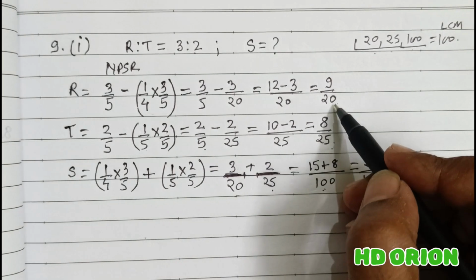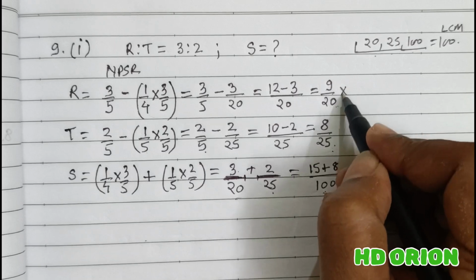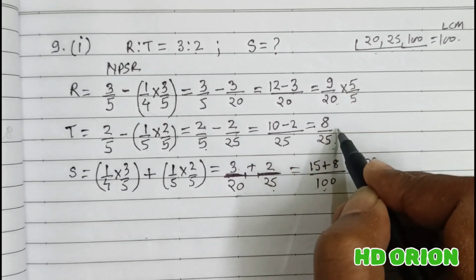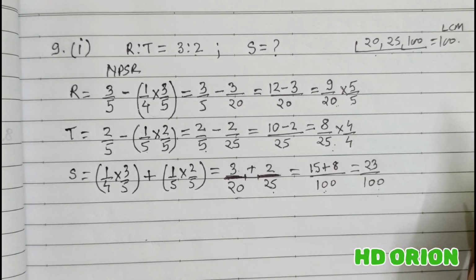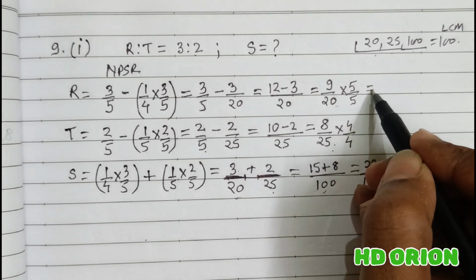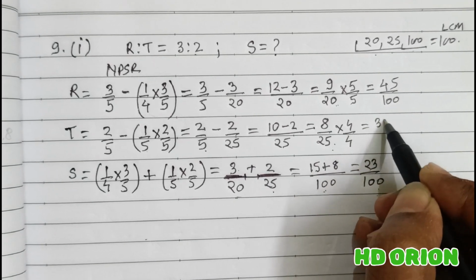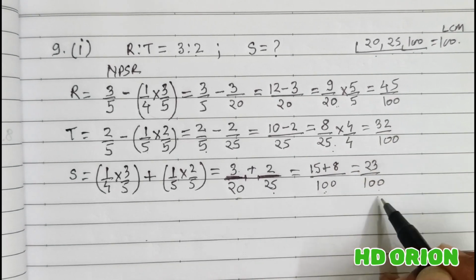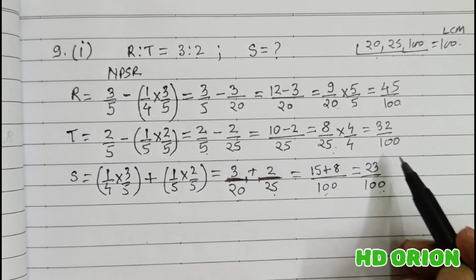Fine. So we have to change the denominator into 100. So multiply and divide with 5 and multiply and divide with 4. Value will not change, but the denominators will change. So it is 45/100. Here it is 32/100 and here it is 23/100. Now all the denominators are same.